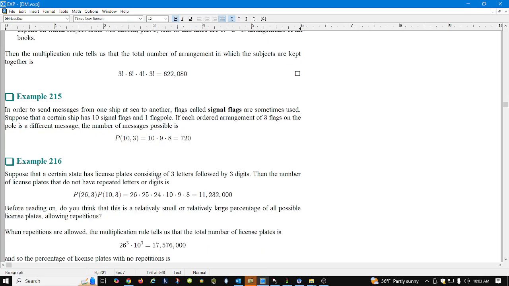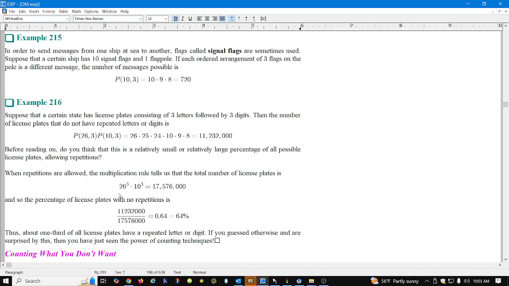Well, we have the techniques for determining. The number of all possible license plates, we saw this before, is 26 cubed times 10 cubed, 17,576,000.